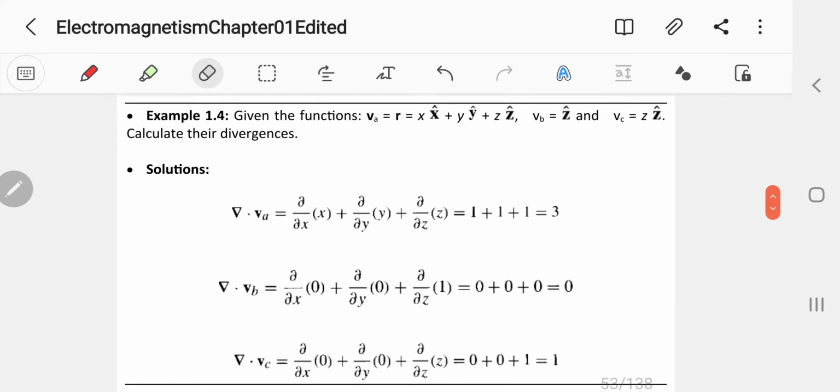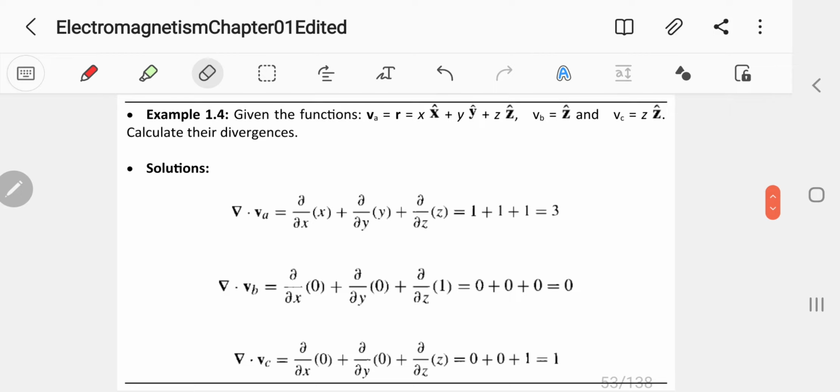So for example, given this vector function, and then you also have another vector function here, calculate the divergence of these vector functions.